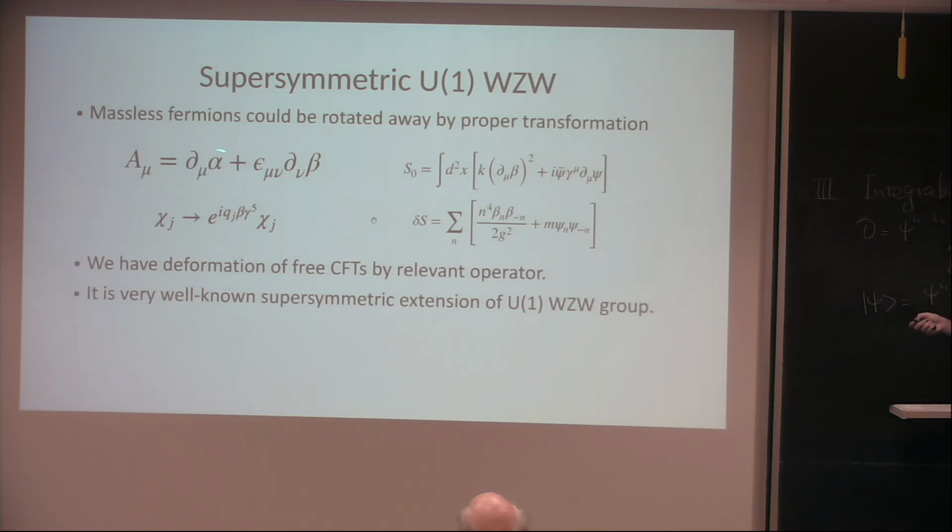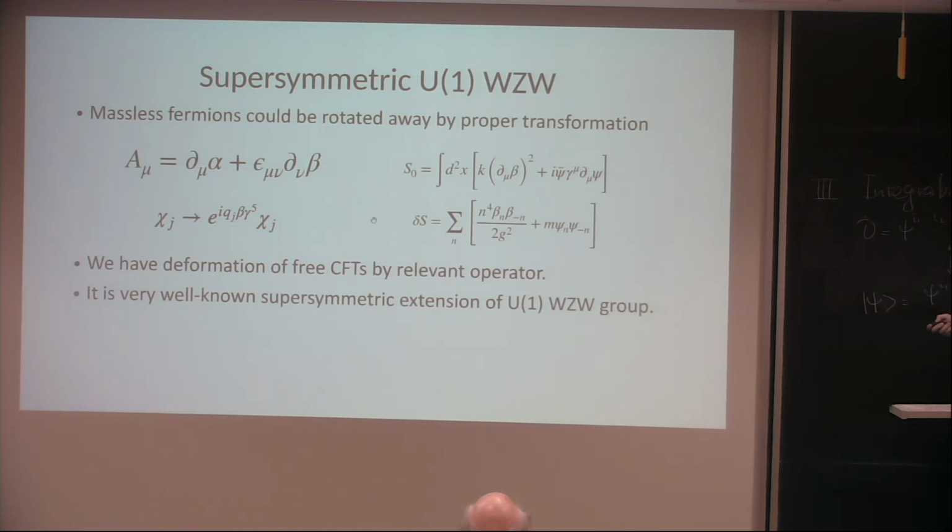We can completely forget about this gauge transformation here, because we have a gauge theory. We have this term. It could be removed. The only interaction comes from the massless fermions, but it could be removed by this gamma 5 transformation here. But the price that we pay is that we introduce this additional term into the action, like this one.